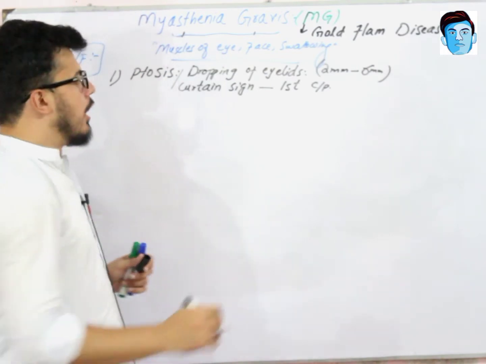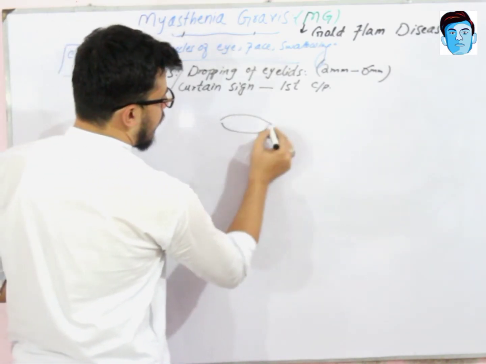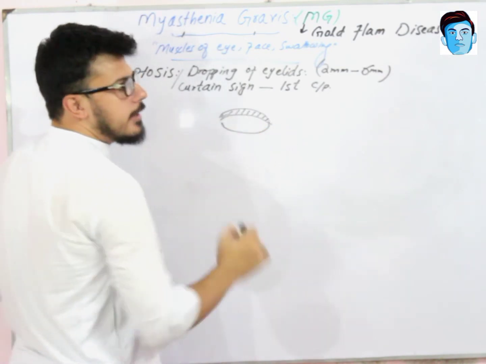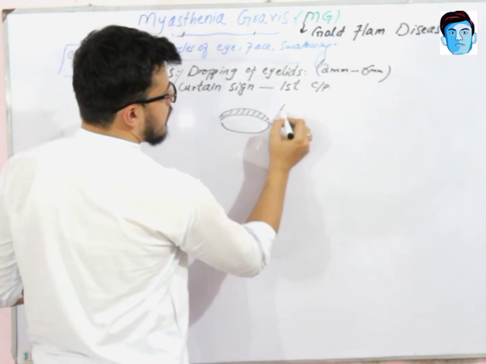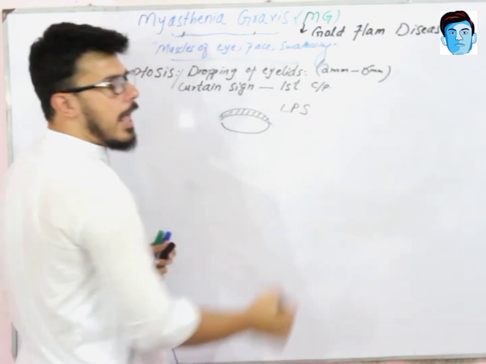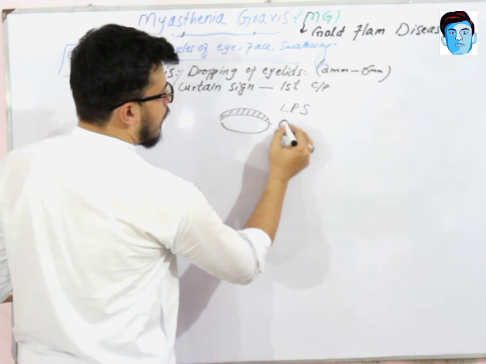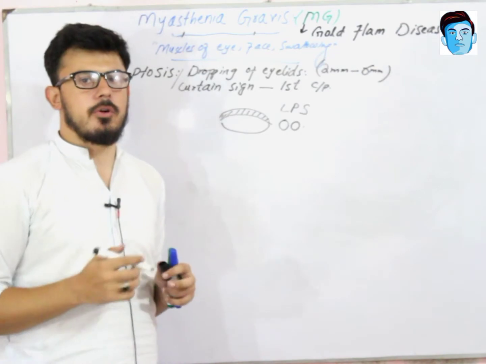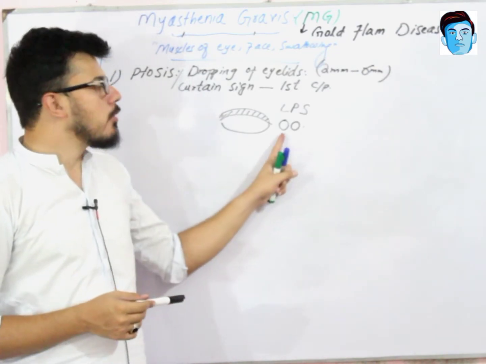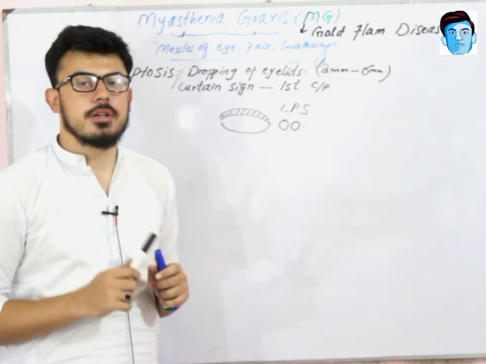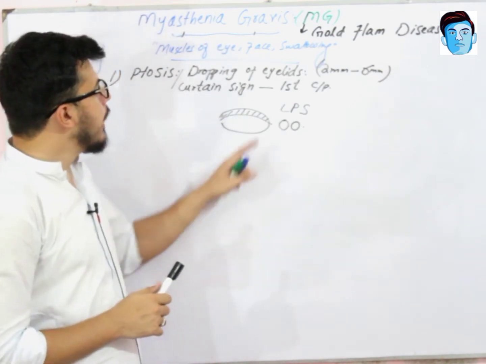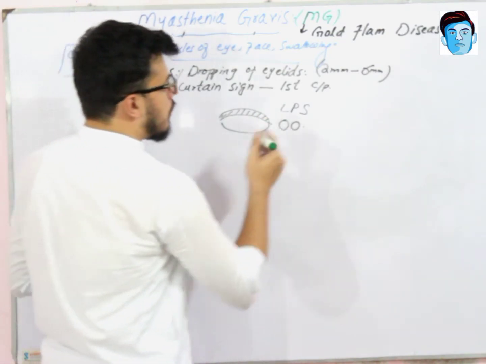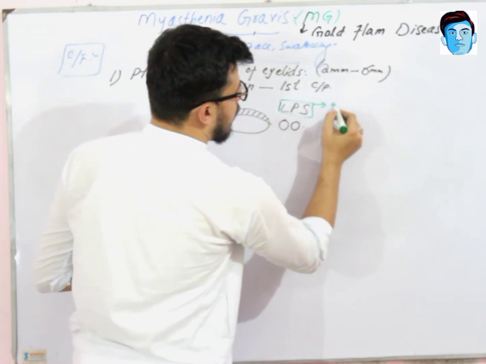Now let's suppose this is an eye, this is the eyeball, and this is the eyelid. In the eyelid there are two sorts of muscles: the levator palpebrae superioris and the orbicularis oculi. The levator palpebrae superioris does not respond.